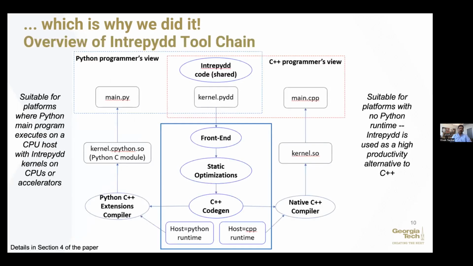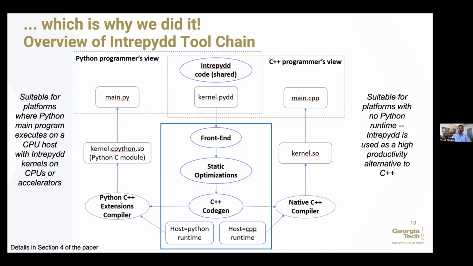So we have built this tool chain. It was in a paper that I think I had included a citation before from 2020, the Splash Onward track. In this tool chain, we have this language called Intrepid, which is essentially Python with type annotations in selected functions for function parameters and return value.